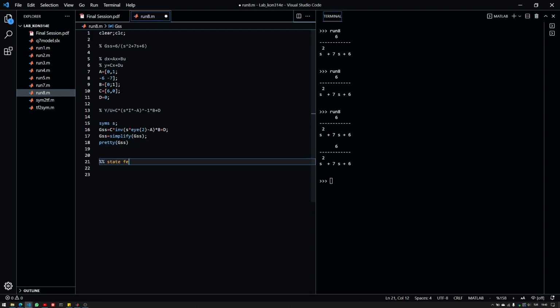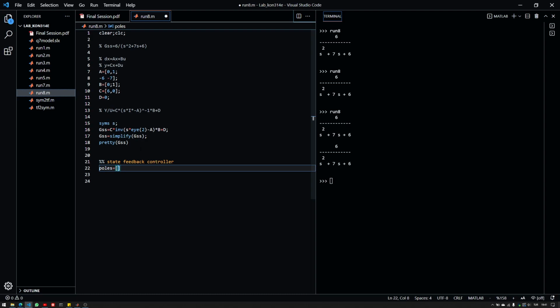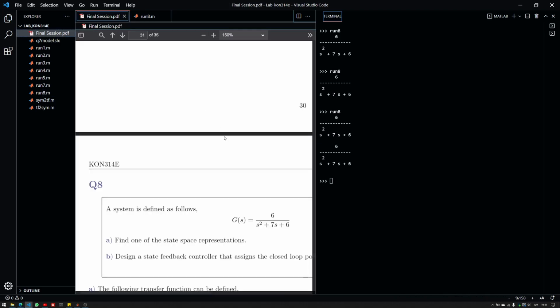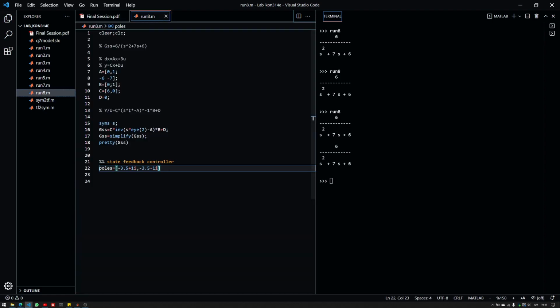Let's say state feedback controller. Now, the poles that we need to assign to were minus 3.5, I guess, plus 1j, and then the conjugate. Let me check. So, yeah, minus 3.5 plus j and minus j.